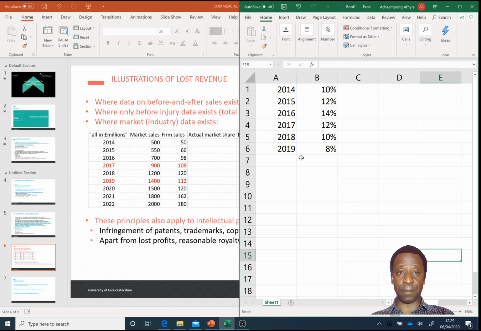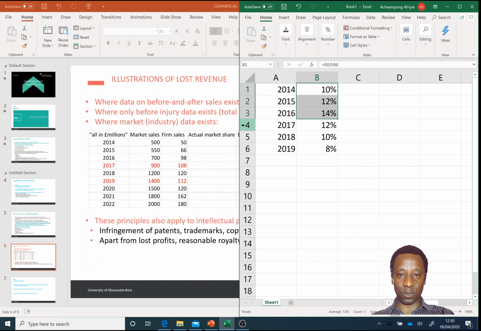Of course, we will have to ascertain the facts about what the contract related to and what is happening in the entire market. For example, it may be a general market trend, but it doesn't look like that. You can see if you look at the market sales, the market sales are going up, but unfortunately, our firm's proportion of that market is going down. And if it can be proven that this indeed is happening because of the breach, then we will have to probably look at the average market share before.